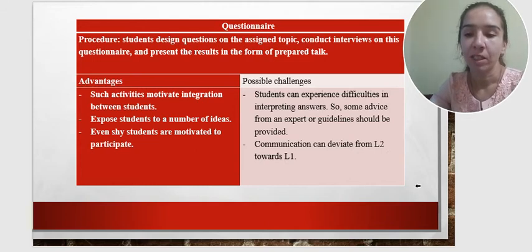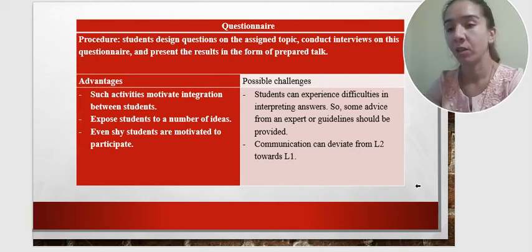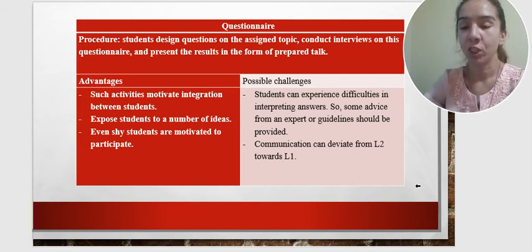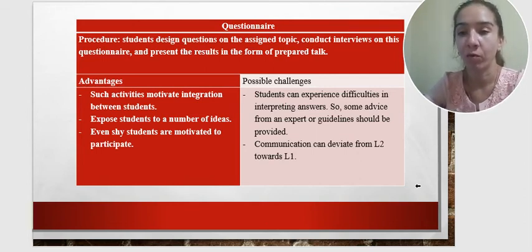These are the basic activities that can be used in a speaking class to make it more effective. For the whole course, it's advisable for the teacher to vary activities and to show students that there are different occasions where they have to speak and that speech can be practiced in a number of ways.